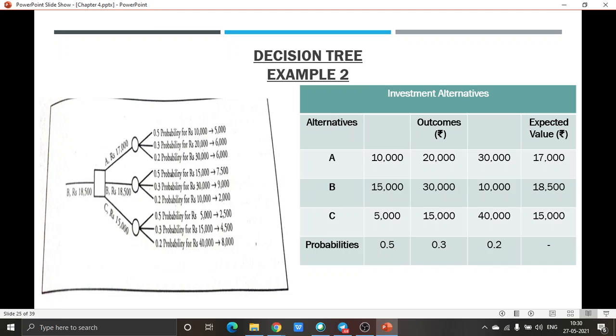He has three alternatives A, B, C, and the outcome under each would be 20,000, 30,000 and 50,000. And the probabilities would be 0.5, 0.3, 0.2, and the expected values for A, B, C would be 17,000, 18,500 and 15,000.